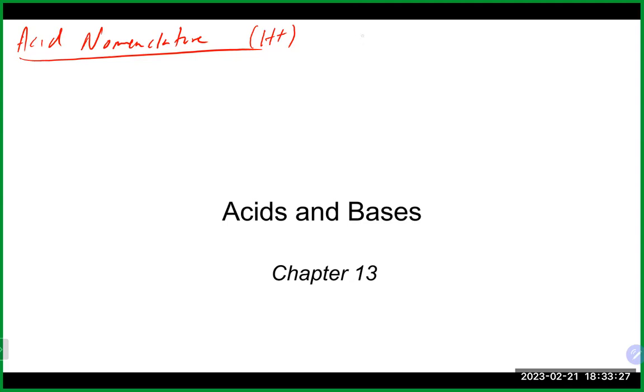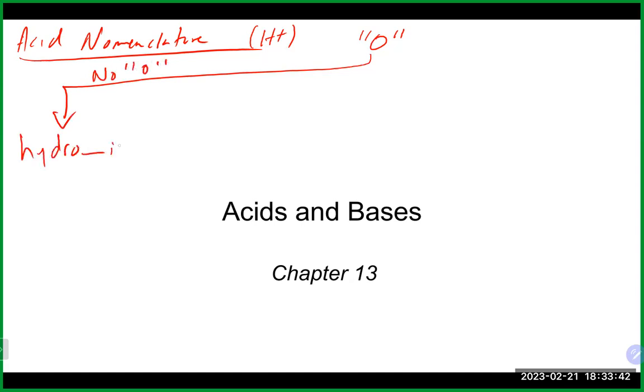When we deal with acid, it really all involves whether or not there is oxygen. So it's all really about the oxygen. And if the answer is no, there is no oxygen, your acid starts with hydro something ic acid. And that is like HCl. That Cl is chloride, so this becomes hydrochloric acid.